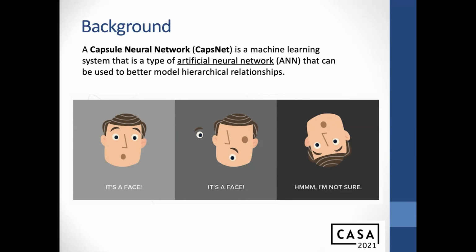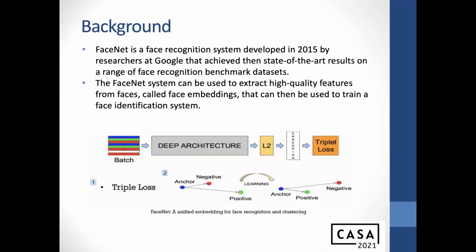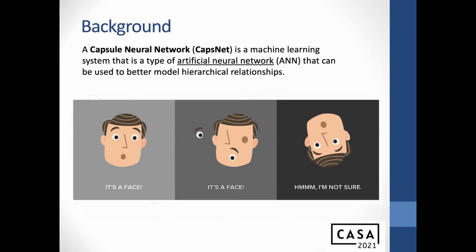The capsule network consists of only one convolutional neural network layer and one fully connected capsule layer. Such a structure limits its feature learning capability, which means it's not deep.